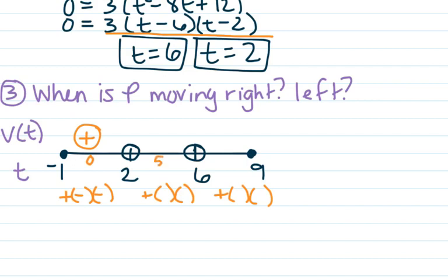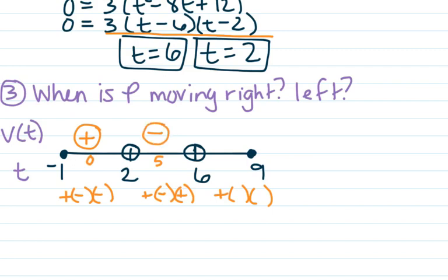So maybe pick a 5, a 3, a 4, doesn't matter. It's just a test point. So if I were to plug a 5 into the first factor, that would give me a negative number. If I plugged it into the second one, however, that would give me a positive. So now I have 2 positives and a negative. So overall, the velocity in this middle section is negative, or moving left.